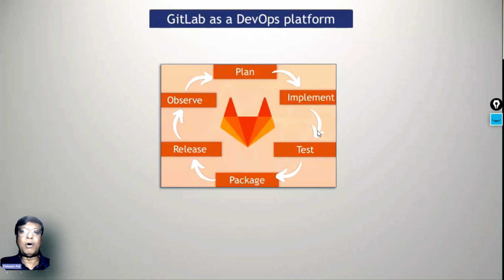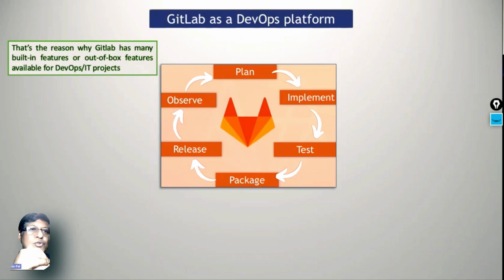And it can go on and on. There can be feedback back to the planning team, or you can continue the development again, because there could be some observation of, let's say, the performance degrading, something like that.